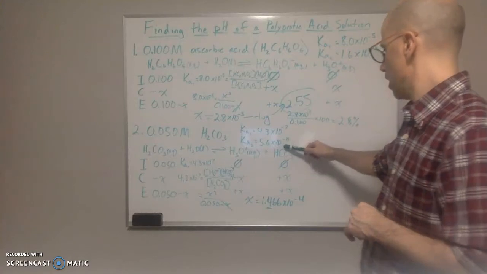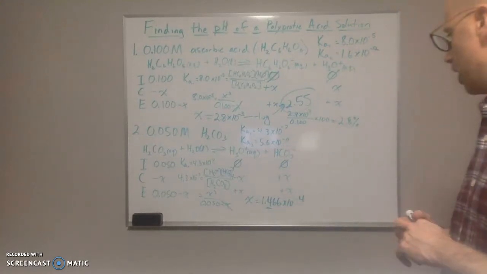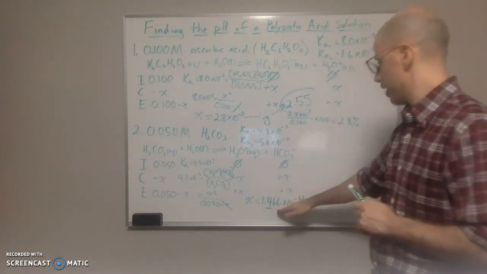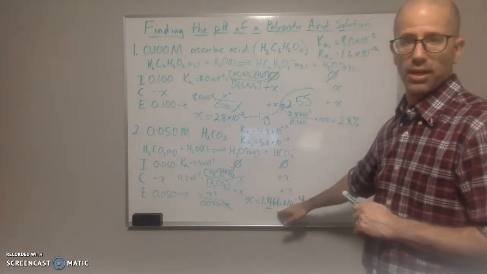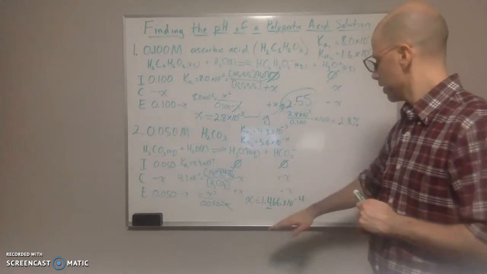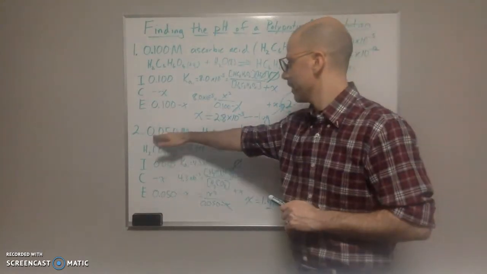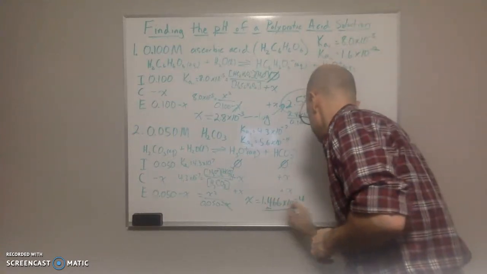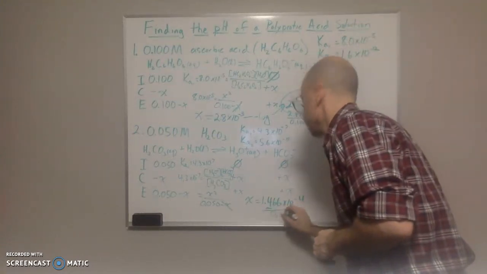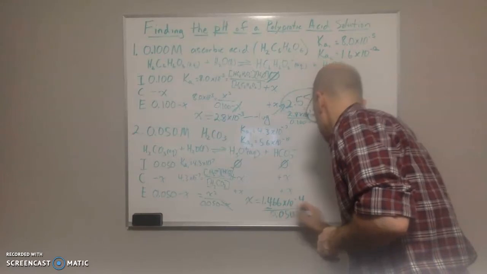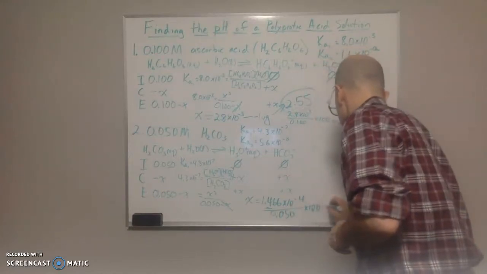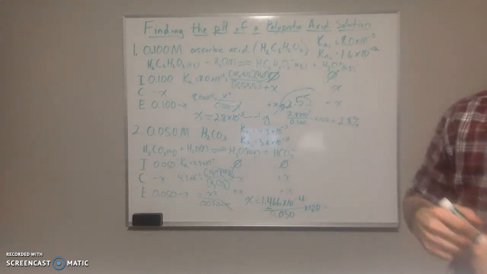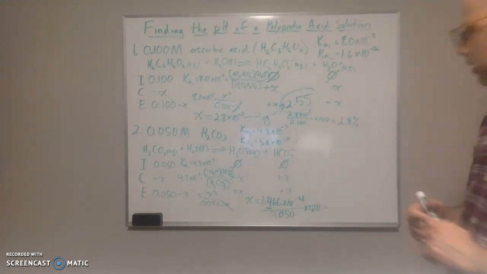But let's double check this. So what I need to do is take this value. We need to see if this is validated by the 5% rule. Take this, divide it by that, multiply by 100. And so if we do that, we'll divide this by 0.050, multiply by 100, and we get 0.29%.